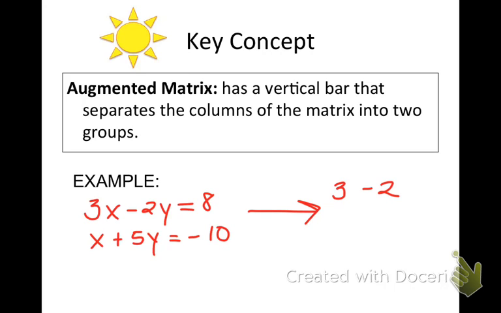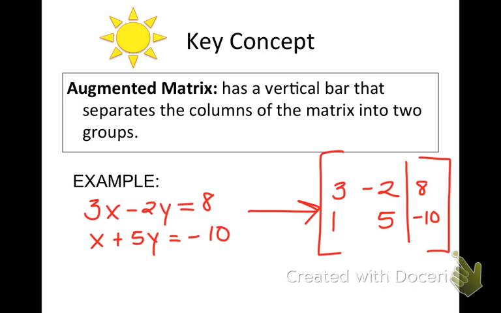Directly below that, I'm going to put my coefficients for the x and the y in the second equation, which would be 1 and 5. My equal sign will get a bar, and then my constants will go on the right, so 8 and negative 10. And then put my matrix brackets around.